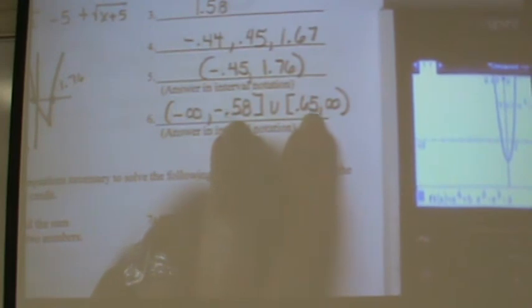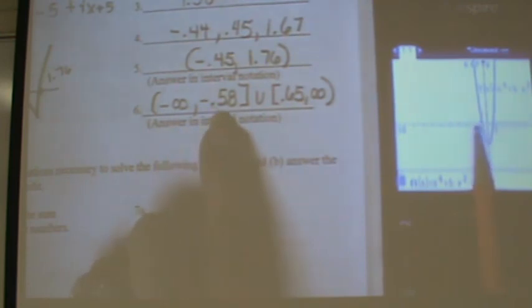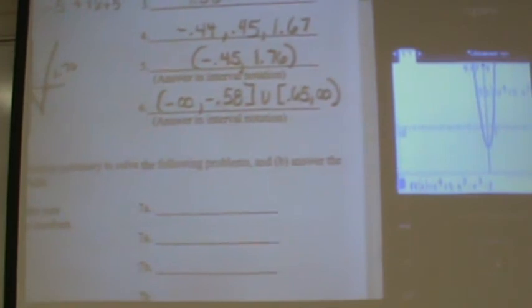When you do menu, analyze graph, 0, you end up with these two important numbers, negative 0.58 and 0.65. So the portion of the graph that's greater than or equal to 0 is from negative infinity to negative 0.58, and then from 0.65 to positive infinity. And that is that answer.